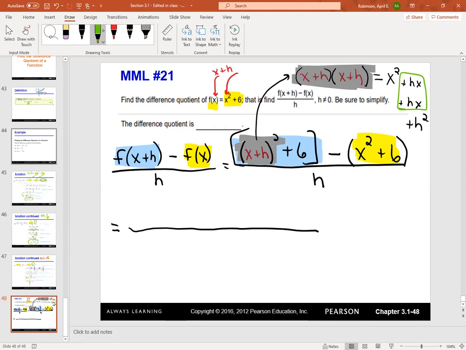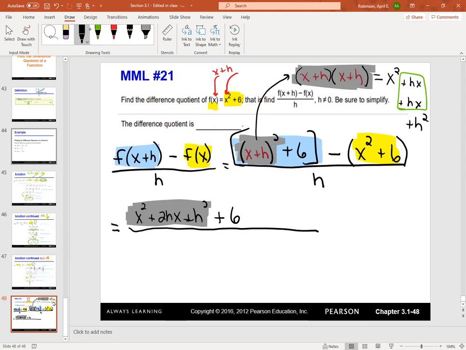That would make two hx's. So now I'm going to have x squared plus 2hx plus h squared. This is what I got when I did the gray stuff. But I still have this plus 6 right here.